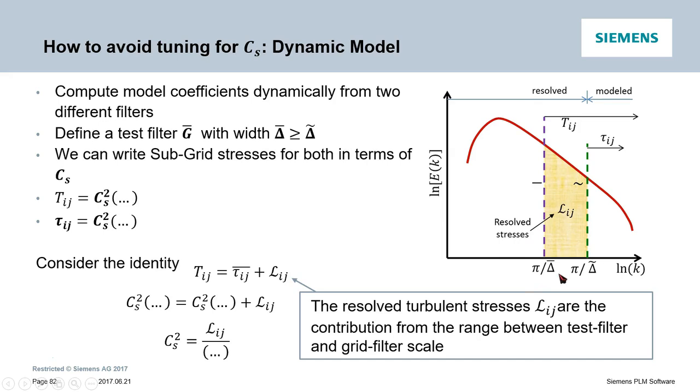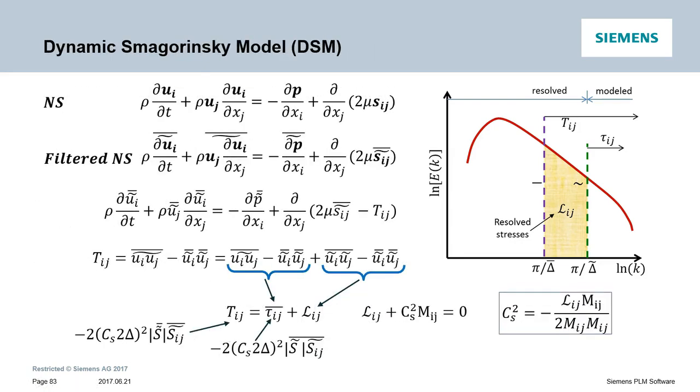We can invoke this rare identity in turbulence known as Germano's identity to get an equation of CS in terms of the resolved field. This slide is for a more mathematically curious audience, but the bottom line is you can express the Smagorinsky constant in terms of known or filtered quantities.